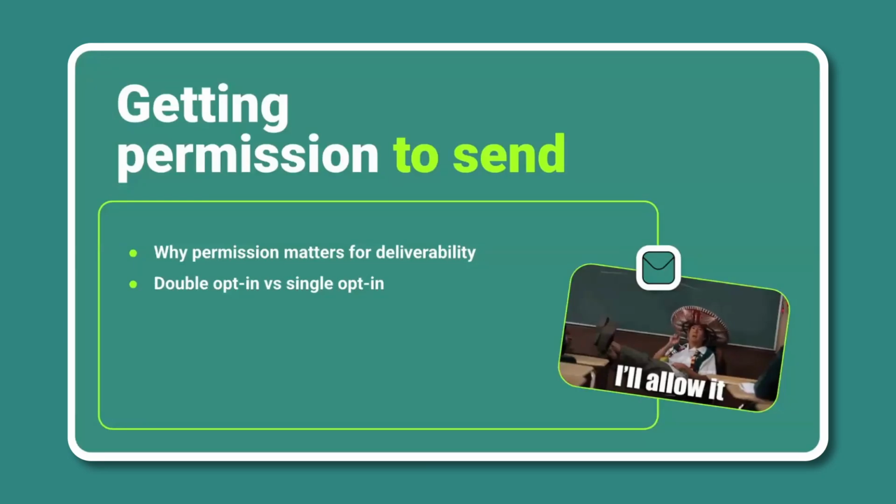The main difference between the two is that the single opt-in is of course quicker and can lead to a larger list, but at the same time it carries a higher risk of invalid addresses or spam traps being added to your list.